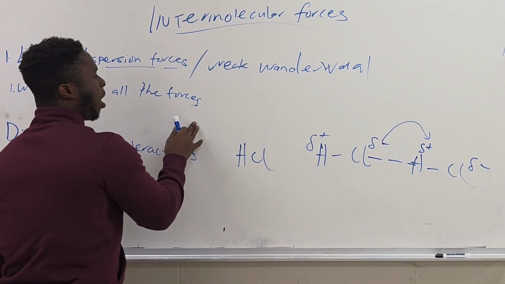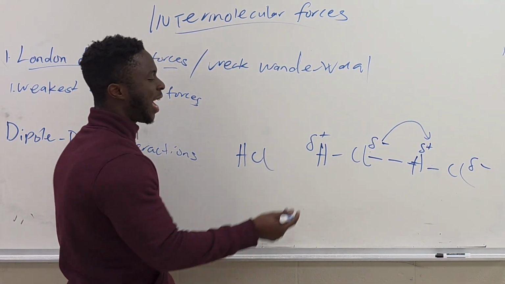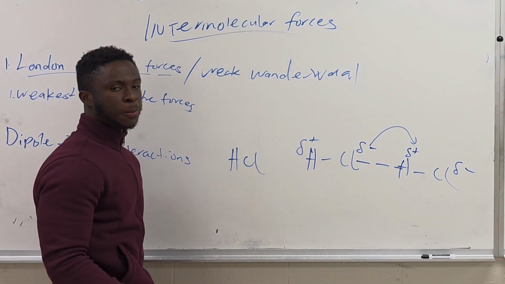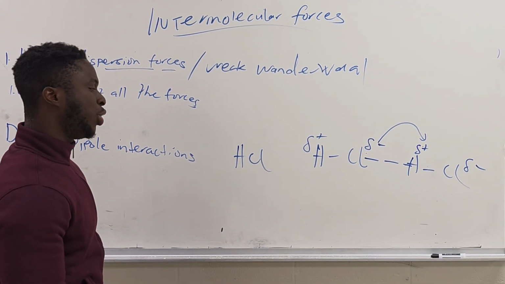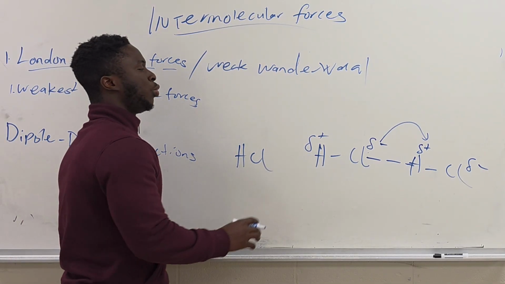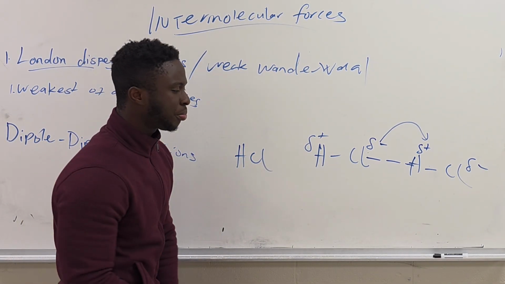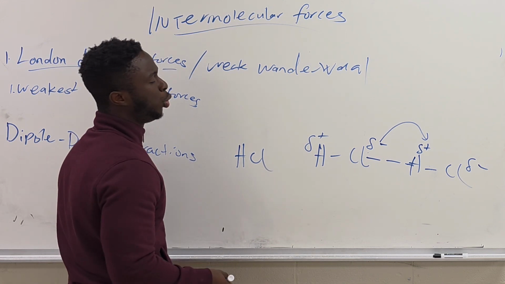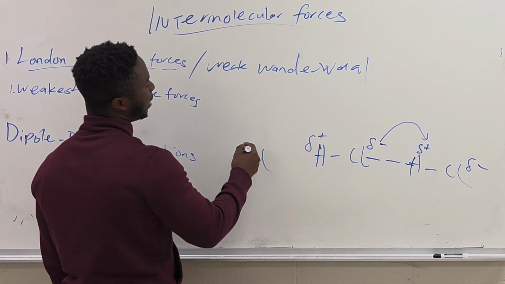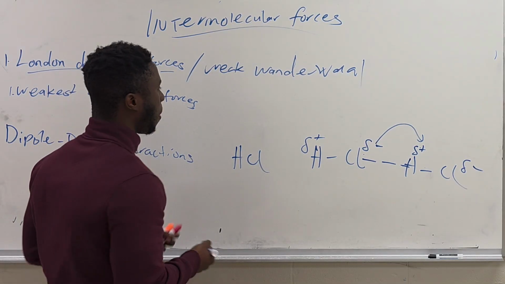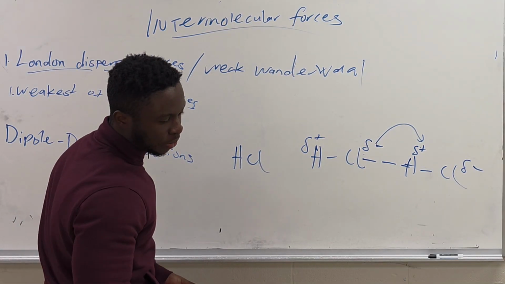But for the weak van der Waals forces, the difference in electronegativity is not huge, right? So you have an atom or a molecule with, let's say, weak van der Waals forces, and you can have a non-polar covalent bond. It's non-polar, right?